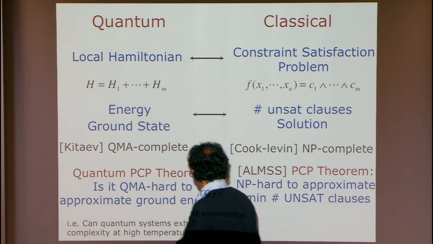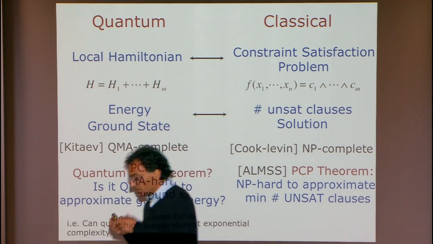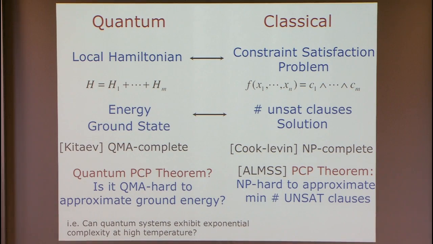In other words, if there's a quantum PCP theorem, already we understand that there are quantum systems for which it's QMA-hard to approximate the ground energy. But if there's a quantum PCP theorem, given this question of approximating the ground energy, you can translate it into the following kind of question. We take this Hamiltonian and massage it into a new Hamiltonian, with the property that if the ground energy of the original Hamiltonian was low, then the new Hamiltonian has very low ground energy.